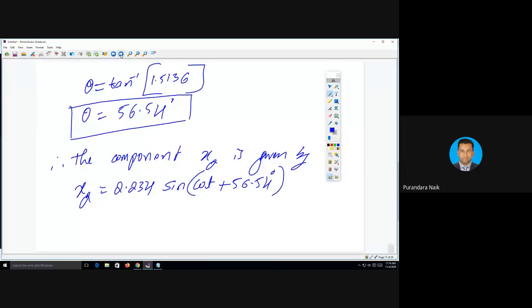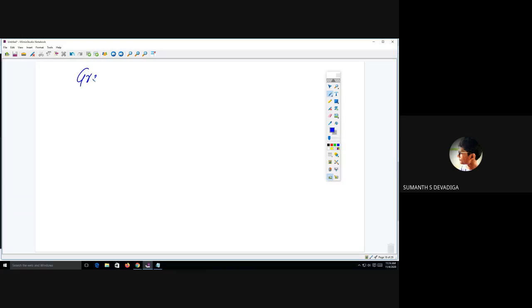Graphical solution. Take 1:1 scale, okay?